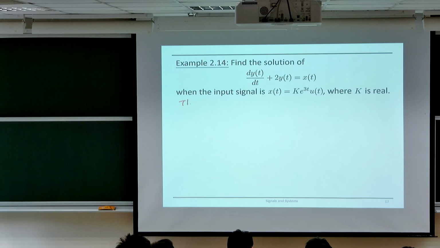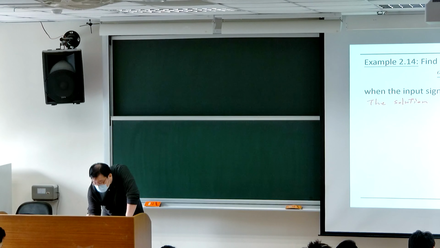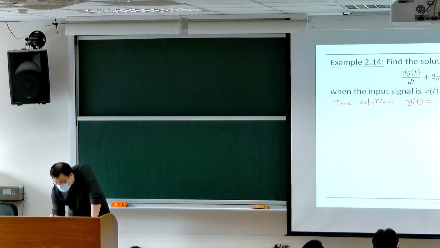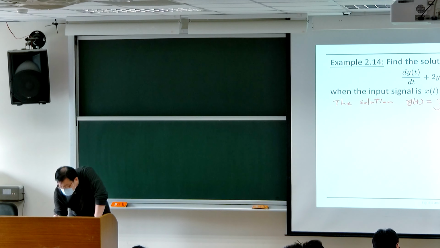So the solution y of t is typically composed of a particular solution, let's call it y sub p of t, plus a homogeneous solution called y sub h of t. So this is the particular solution, and this is the homogeneous solution.